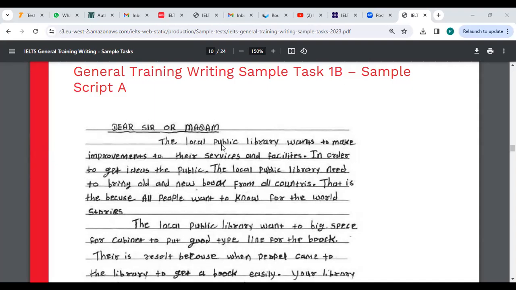Country spelled wrong. That is because all people want to know for the world countries, stories. Local public library want to big space.